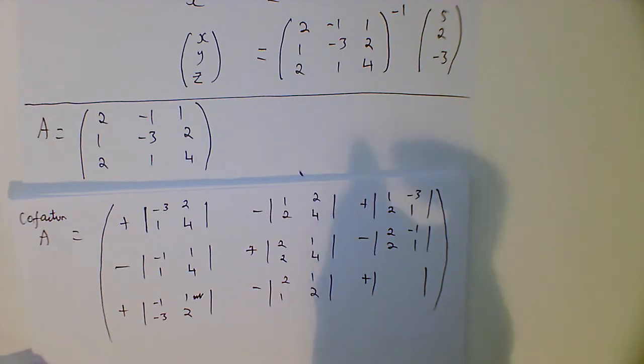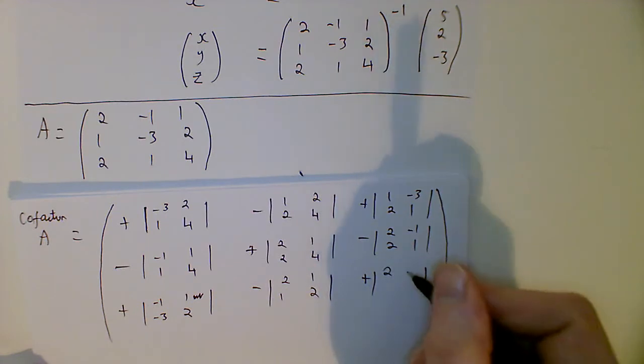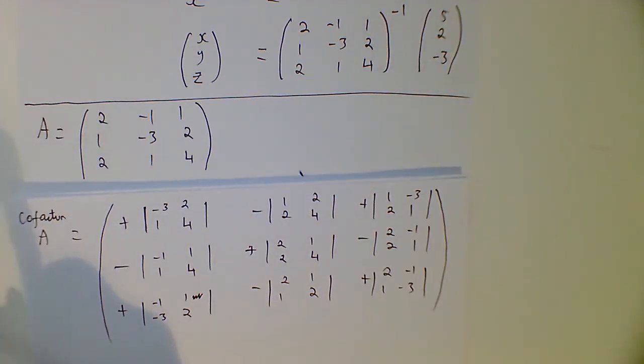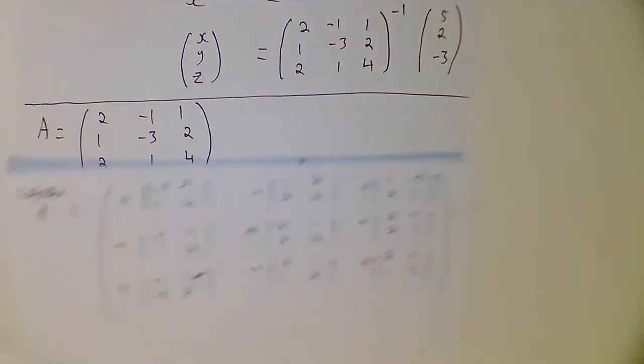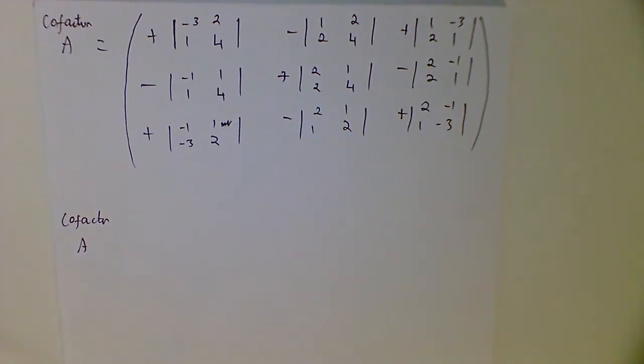And lastly, this element here, so not in that row, not in that column. So 2, negative 1, 1, negative 3. Okay. So that's my matrix of minors.